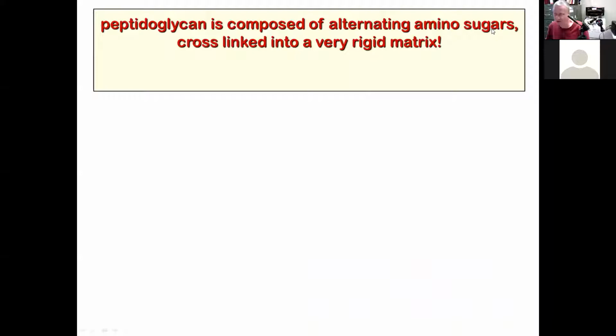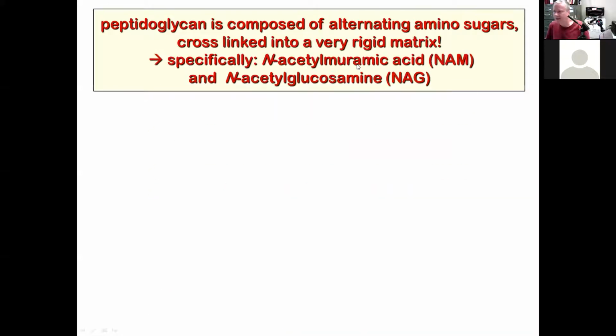So it's a sugar with an amine on it, and it's cross-linked by this enzyme, DD transpeptidase. Okay. So there's two sugars. One is called N-acetyl-muramic acid, or NAM. The other is N-acetylglucosamine, NAG.